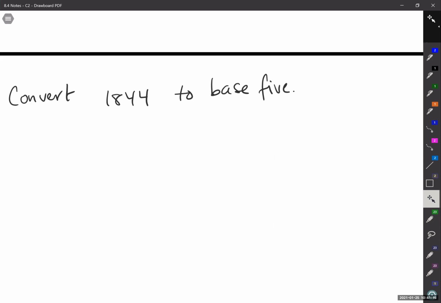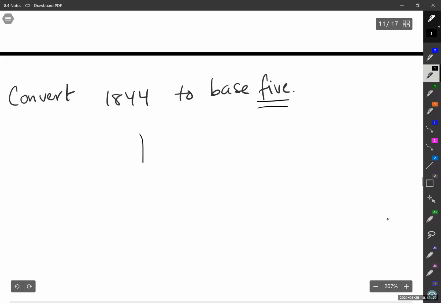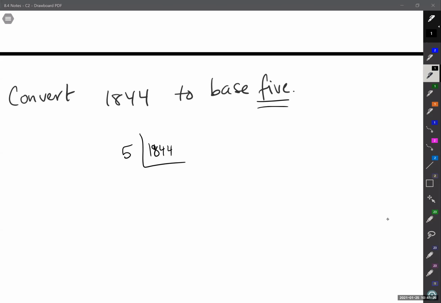So with this one, we have 1844 to base 5. 1844 goes in the box, 5 outside, and we start our division and remainder process.